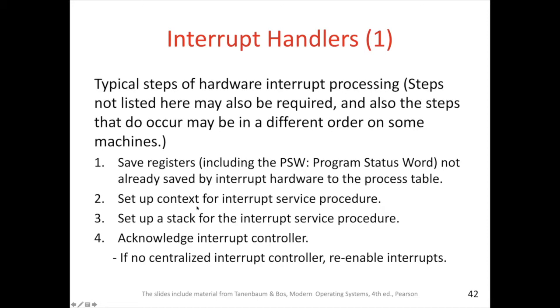Set up context for interrupt service procedure. 3. Set up a stack for the interrupt service procedure. 4. Acknowledge interrupt controller. If there is no centralized interrupt controller, in that case, re-enable interrupts.